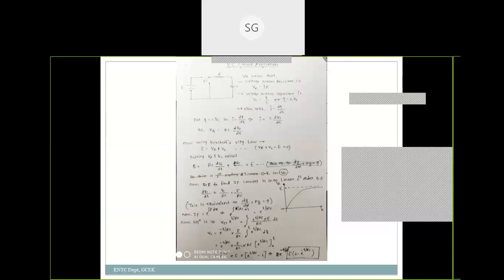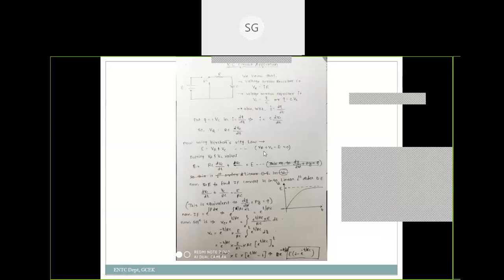It is our choice, or depending on the example, we can form the first order linear differential equation in terms of any variable that we want. If we want in terms of Vc, then this is the equation.